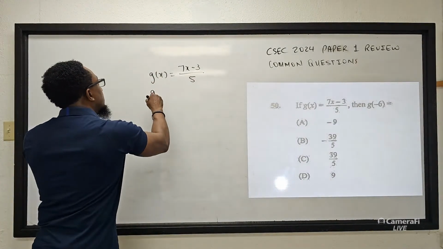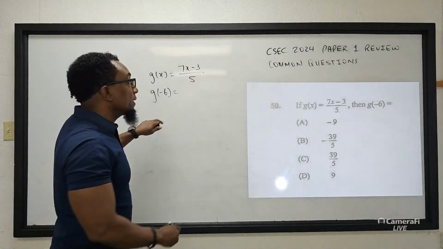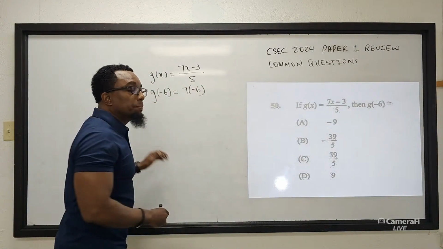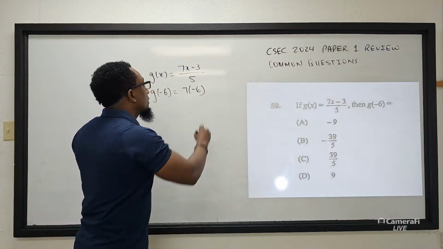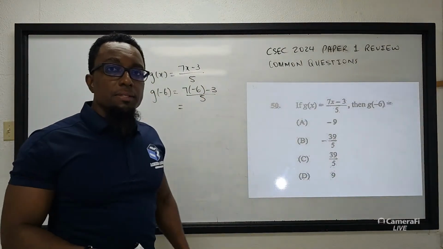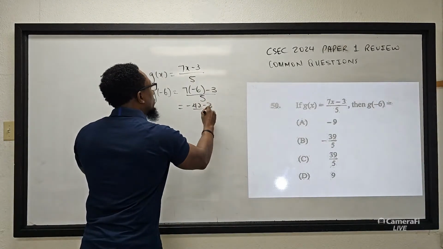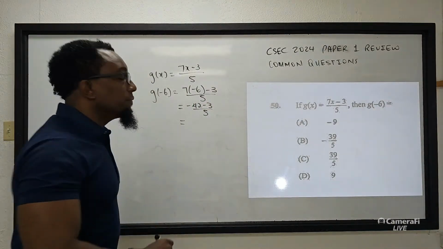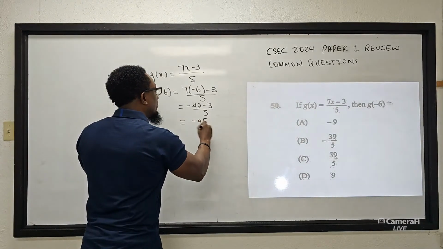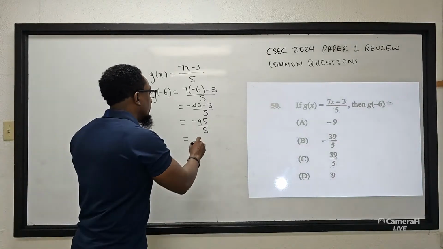We know that this is simply to replace x with negative 6. So this is 7 times negative 6, just replacing x with negative 6 in brackets, minus 3 over 5. 7 by negative 6 is negative 42. Minus 3 over 5. Negative 42 subtract 3 will be negative 45, all over 5, which will give me negative 9.